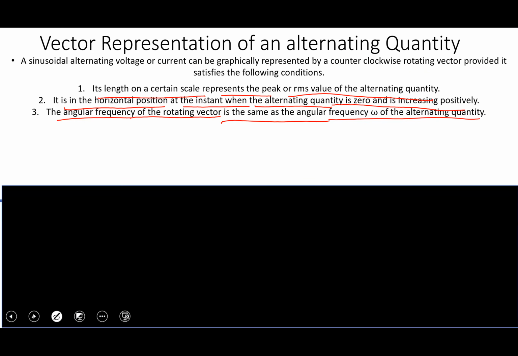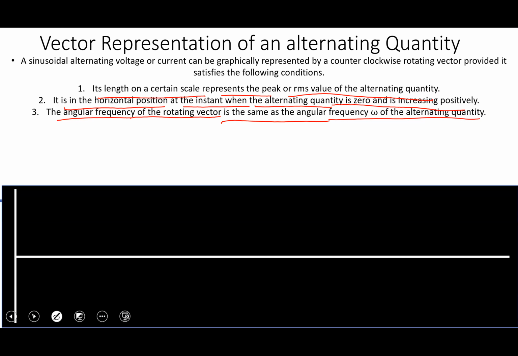Now, this can be easily represented in the form of a graph. Let's say on the graph, the x-axis is showing the time period, and on the y-axis, we have different quantities, let's say voltage and current, which are alternating according to these conditions.